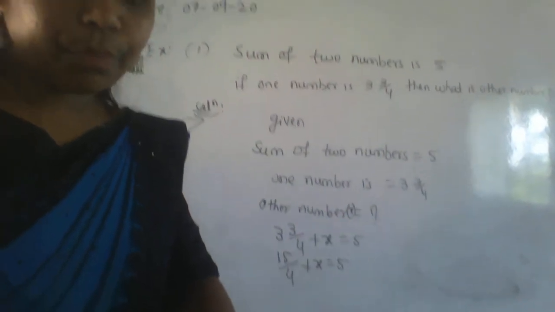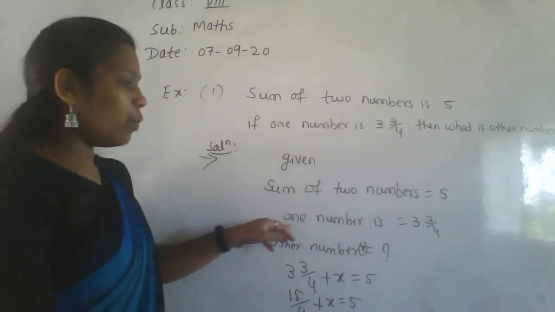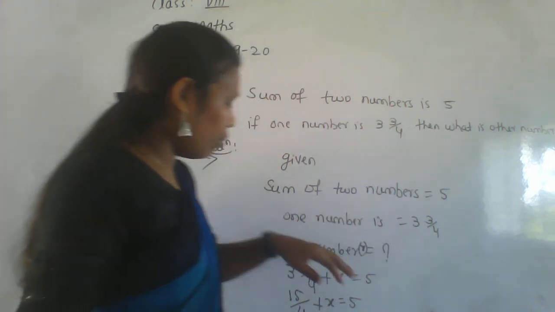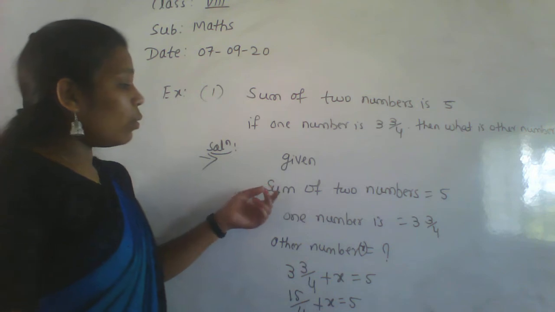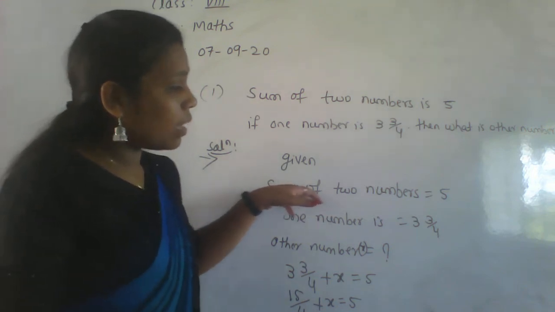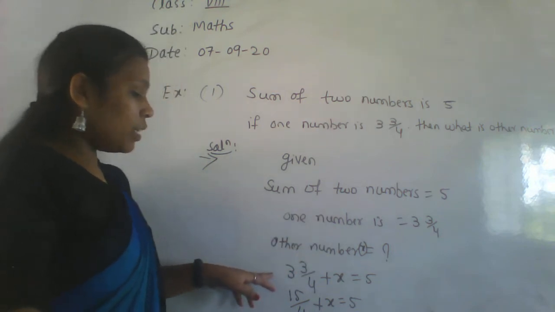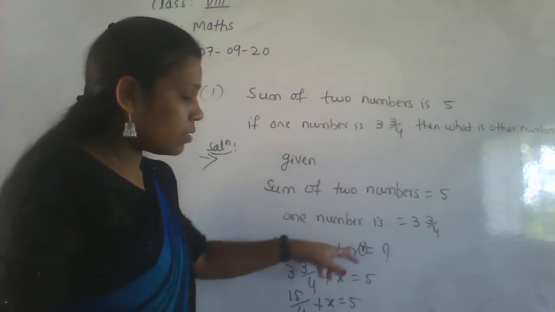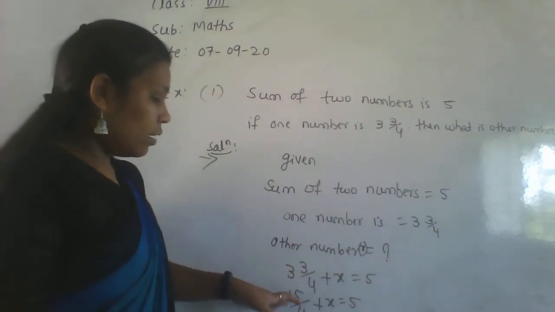See here properly. Sum of two numbers is equal to 5, and one number is 3 integer 3 by 4, and the other number is taken as x. They only gave the sum of two numbers, so I am adding those two numbers: 3 integer 3 by 4 plus x is equal to 5 here.